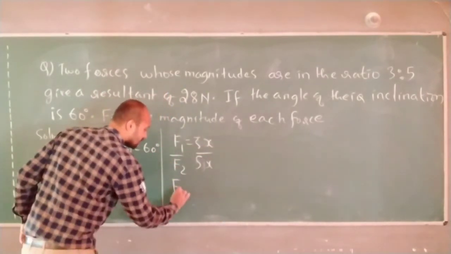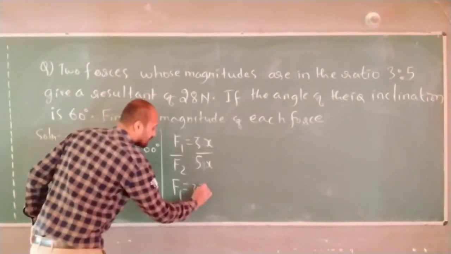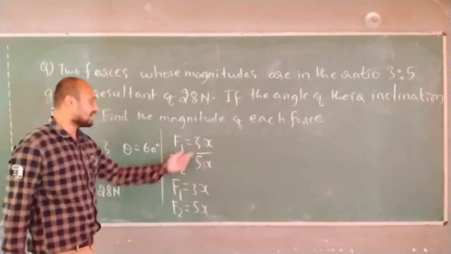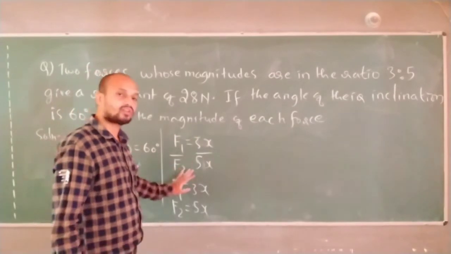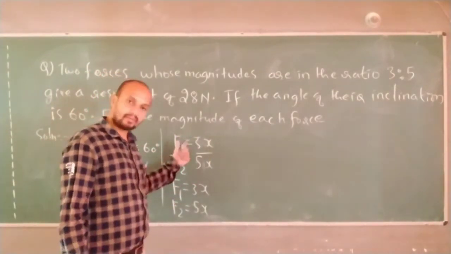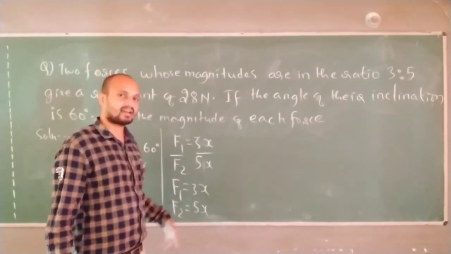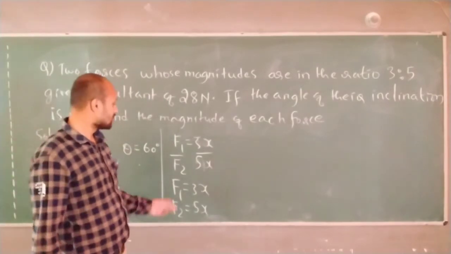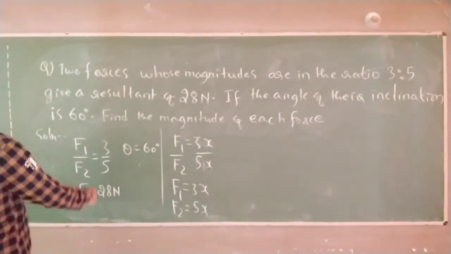So F1 will become 3x, F2 will become 5x, because x and x cancel. So F1 is equal to 3x, F2 is equal to 5x.